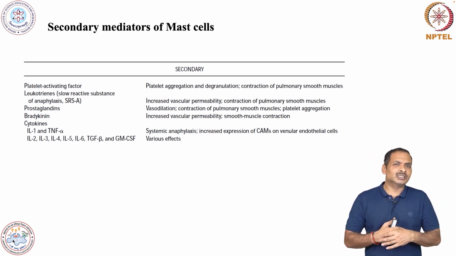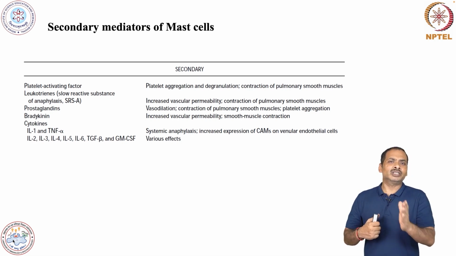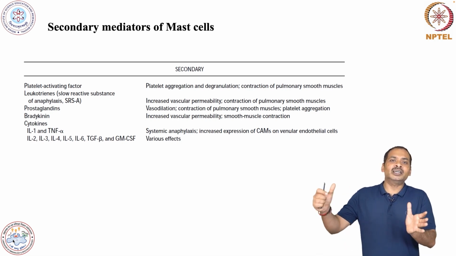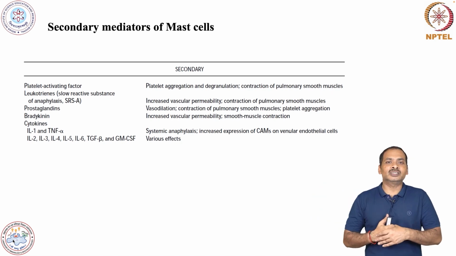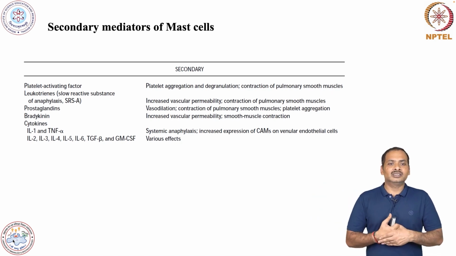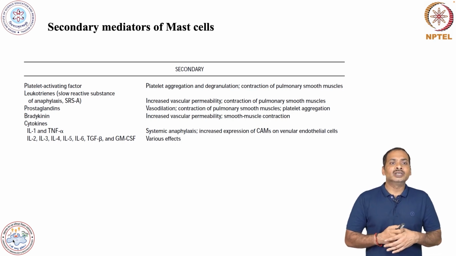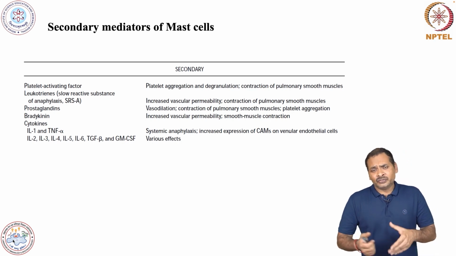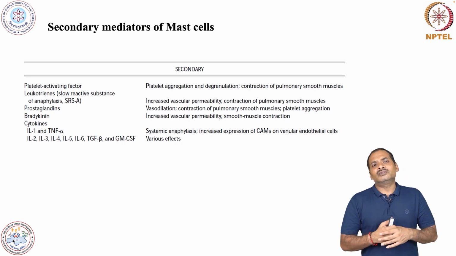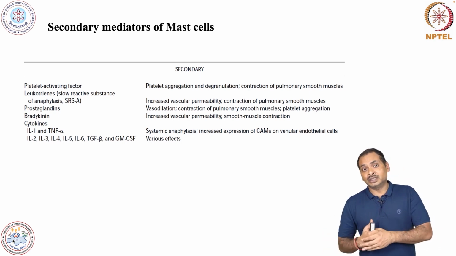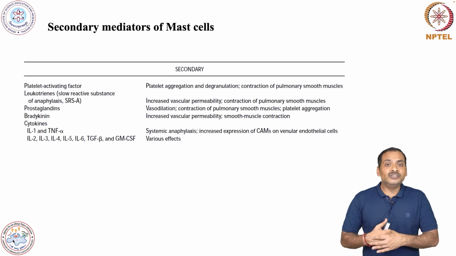That is why we call it type 1 hypersensitivity. It is a very high immune response, and all these things are mediated by primary and secondary molecules. Here you can see the secondary molecules, and if we do not control this, then it will result in a very fatal condition. It may take the life also.